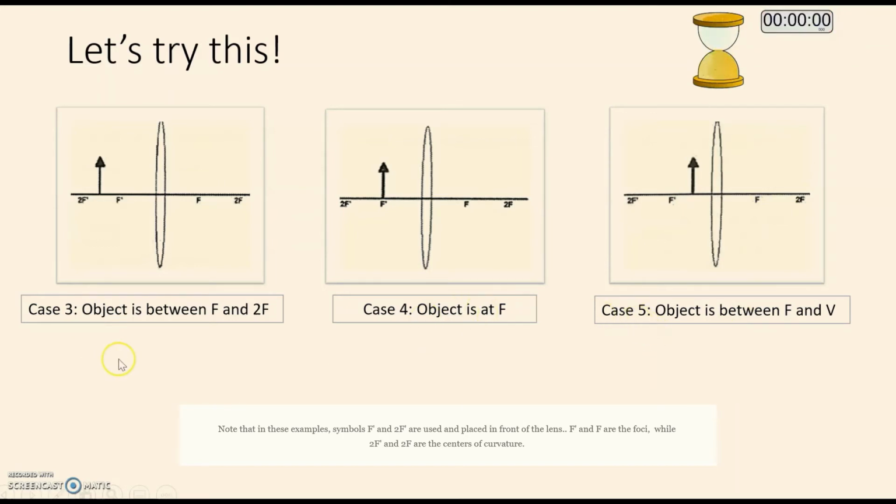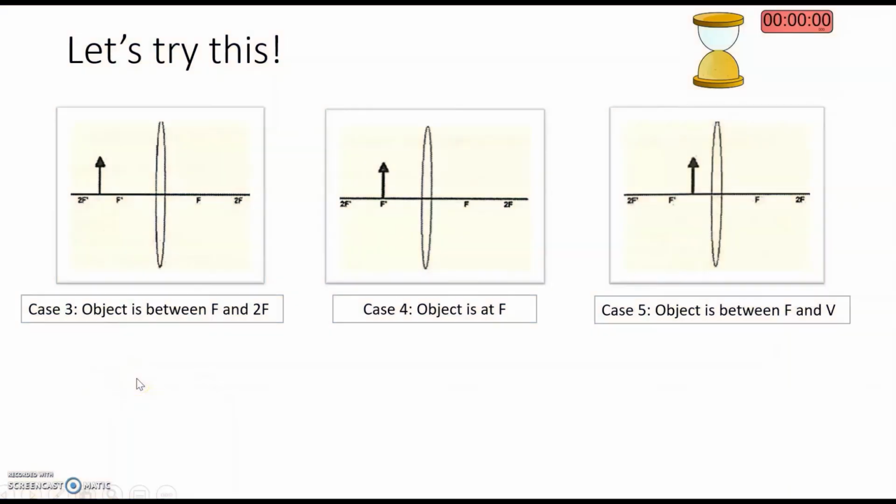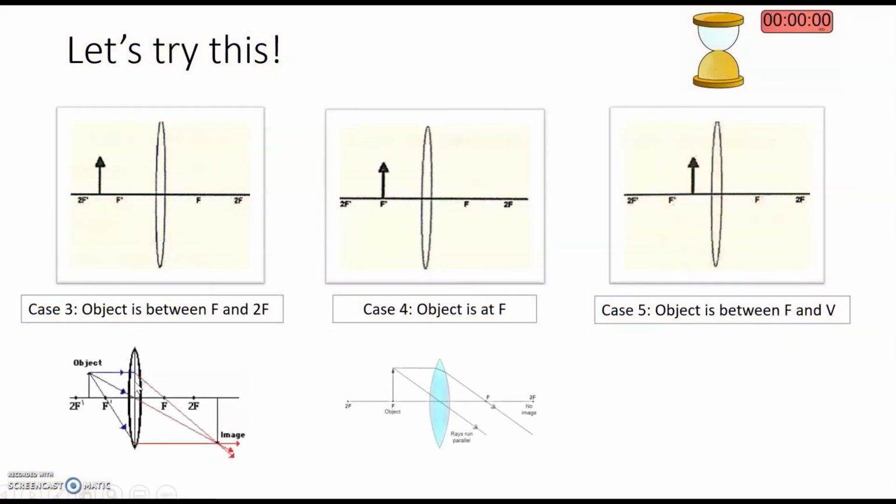Time's up. So, are you done constructing your ray diagrams? Let us now see if you have correctly done it. I will show you the correct ray diagrams for each case. So this is for case 3, case 4, and for case 5.